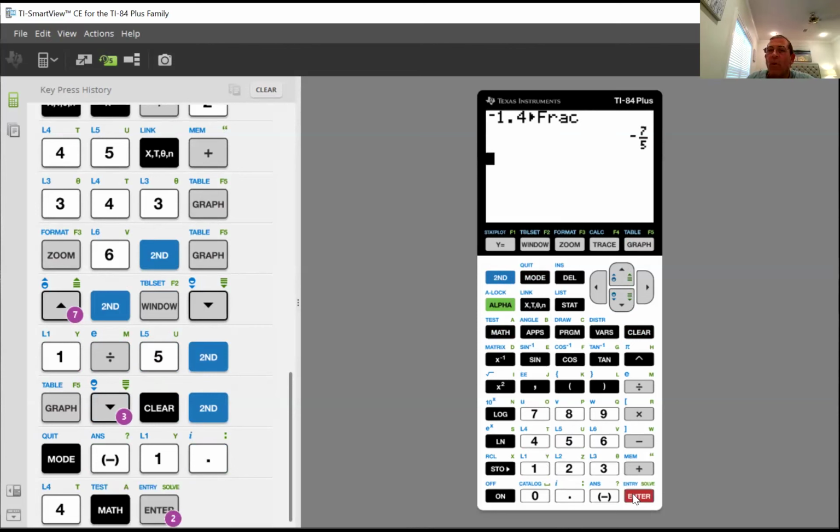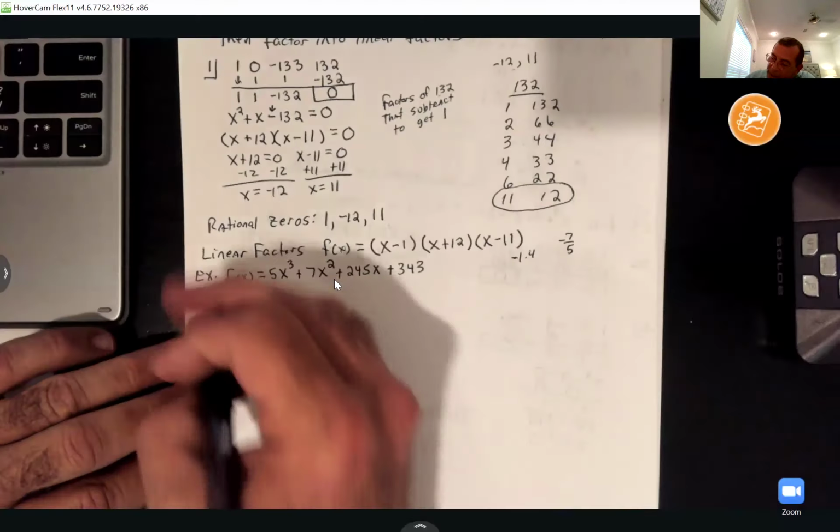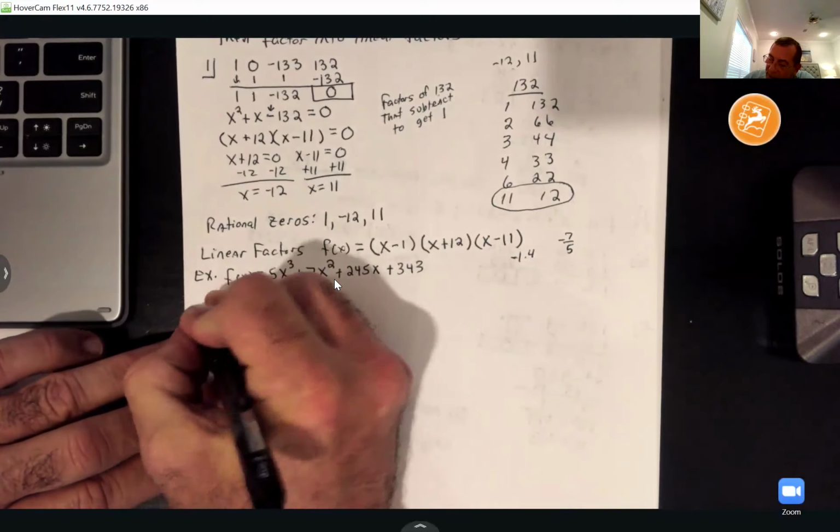And -1.4 is -7/5. Because I think MyMathLab is picky and they want fractions on that. So let me look. Yeah, it says use integers or fractions. So we cannot use decimals on that. So we got a -7/5. So let's go back.